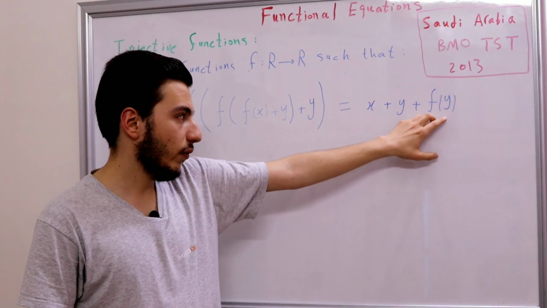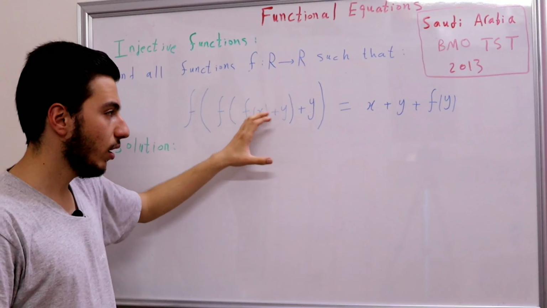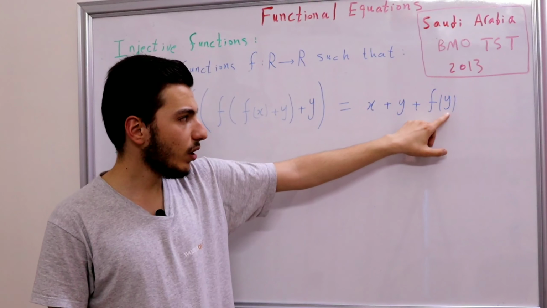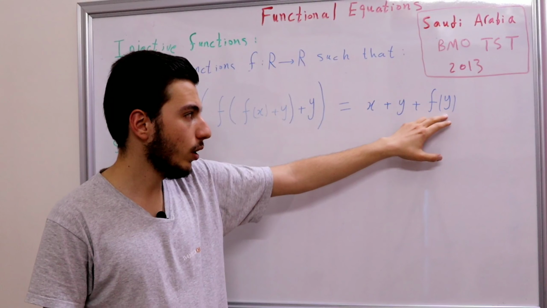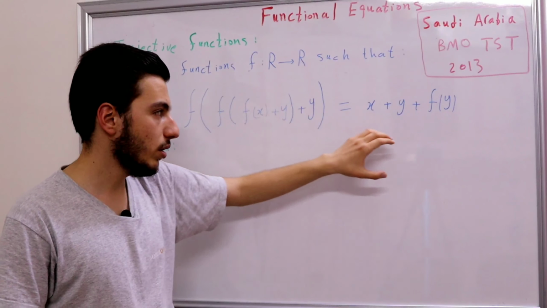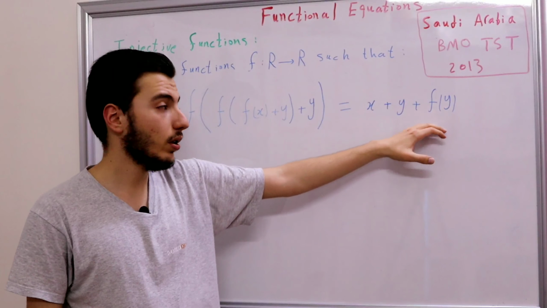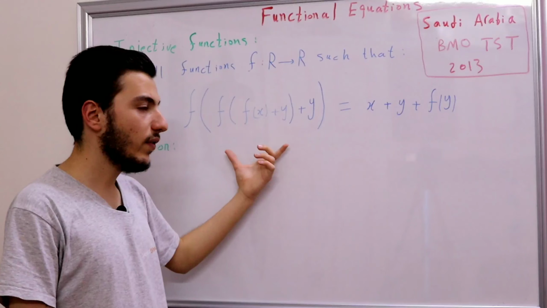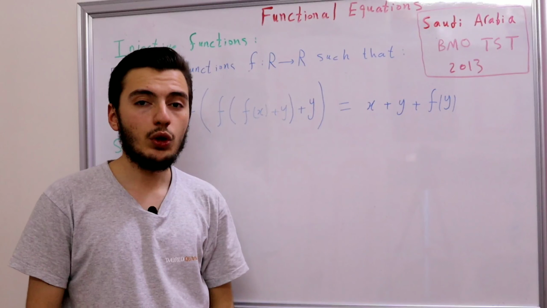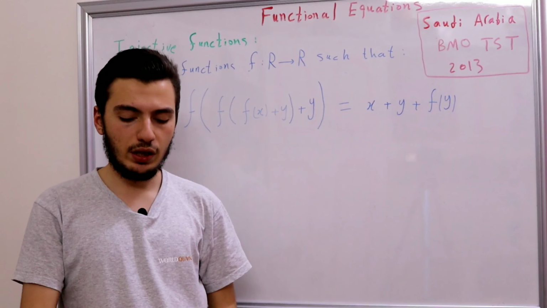Look, here we have f of y and here we have f of something. So simply we can substitute y with 0. If we substitute y with 0, we're going to have f of something equals, this is f of 0, constant, and this is 0, equals x plus f of 0. So f of something equals a surjective quantity, which means that indeed f is surjective.